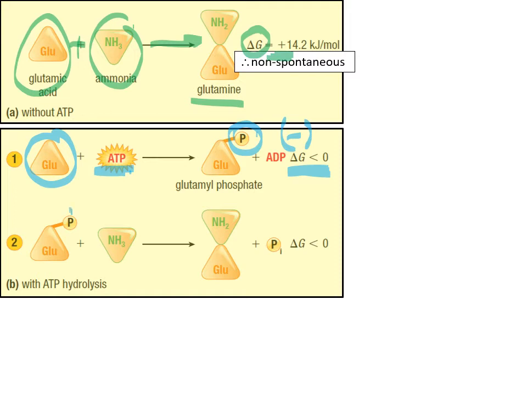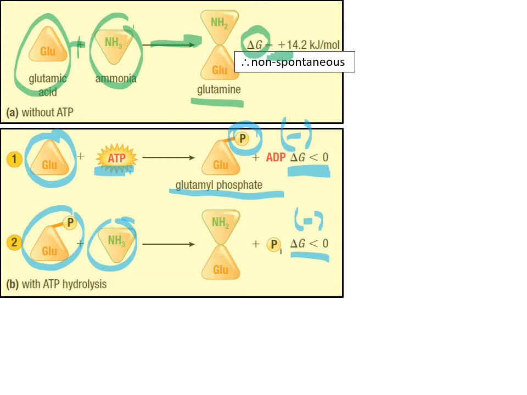And what we can then do is take our glutamyl phosphate, which is what the intermediate is called. We can take this phosphorylated version of glutamic acid and then add it to the ammonia. So we've broken this up into two steps. That second step also has a negative delta G, which means it's spontaneous. Each one of them is spontaneous, and therefore you can have the reaction happen spontaneously.